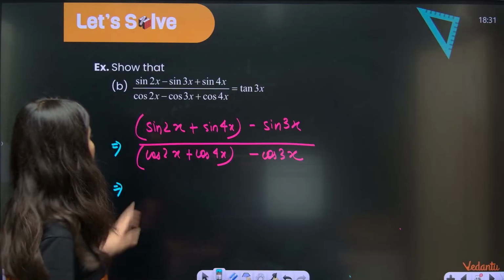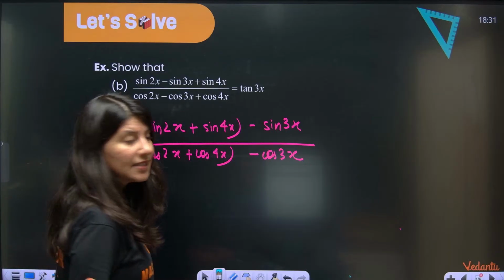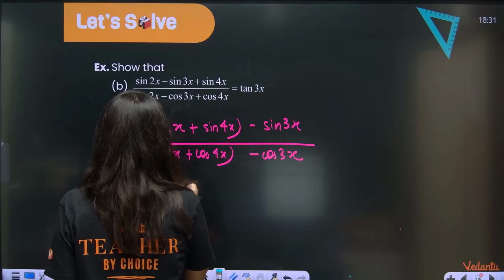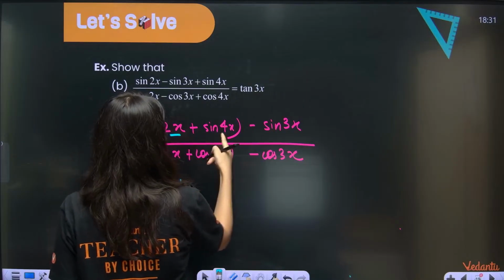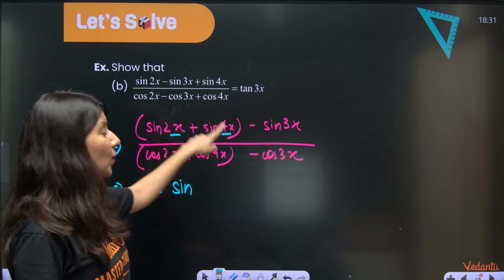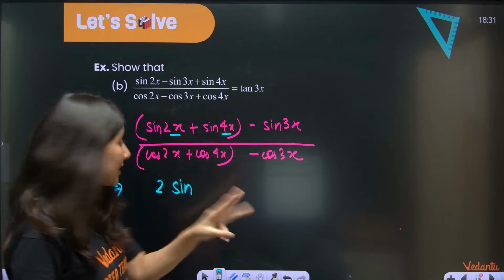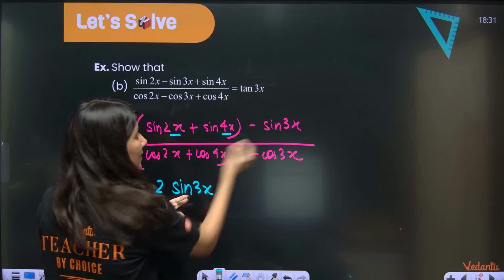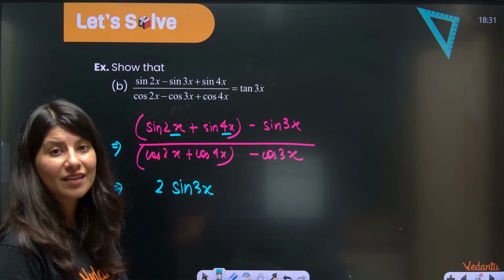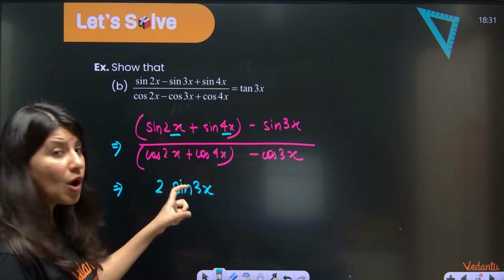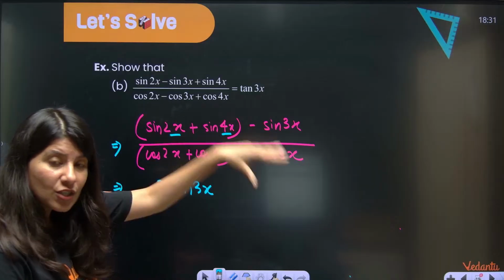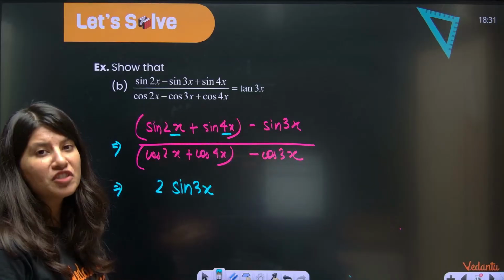Sin C plus sin D is 2 sin C plus D by 2. Can you see 2x plus 4x by 2 is 3x? Can you see 2 sin 3x? 3x is already there. Angle matching. If you apply the formula, it matches with some other term, which is a good advantage for us.